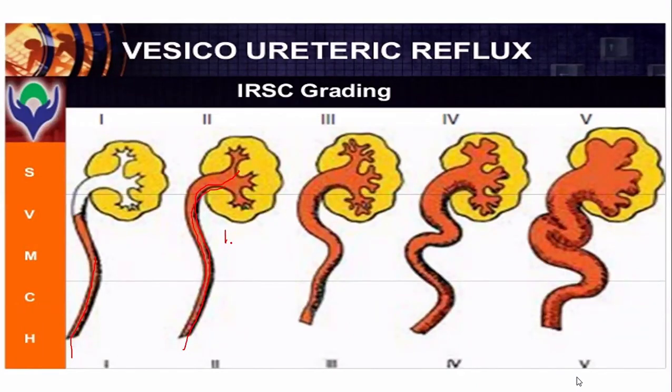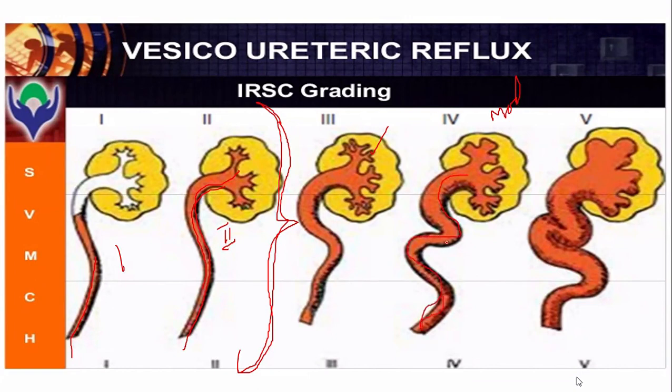Stage 1 and stage 2, lucky enough because they can go into spontaneous resolution. Observe, and you can give just antibiotics first, then periodic checkup of the patient to see if it has improved or not. But stage 3, you will develop mild pelviectasis, mild hydronephrosis. Stage 4, moderate hydronephrosis with tortuosity of your ureter.